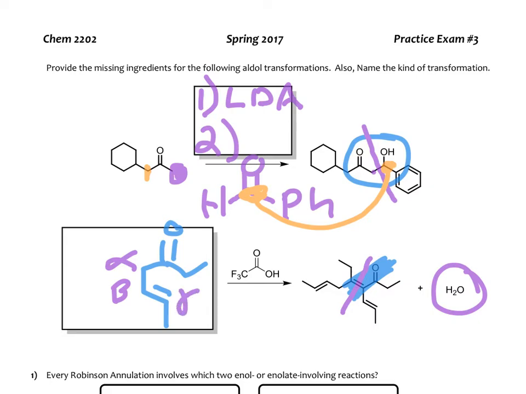So this is a beta gamma unsaturated ketone. Under these conditions, we would form an enol that would make this carbon nucleophilic, and then another equivalent of this ketone would be protonated under acidic conditions, activating it as a good electrophile for your weakly nucleophilic enol.